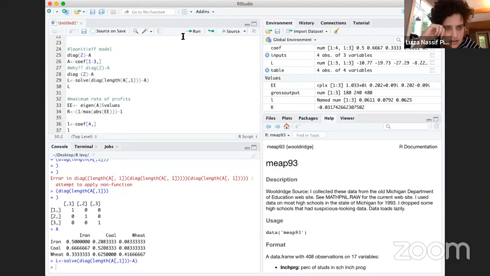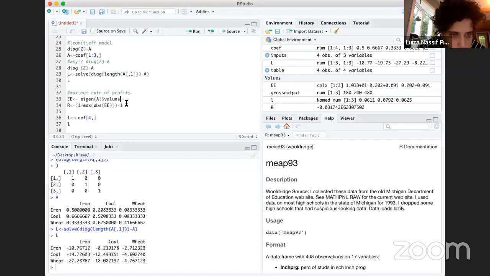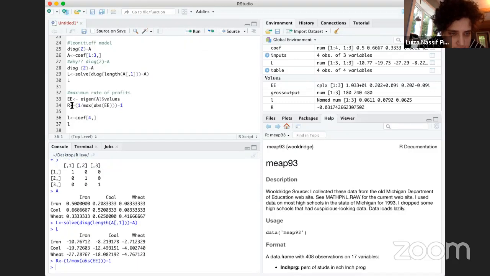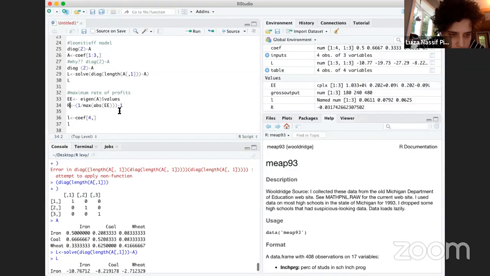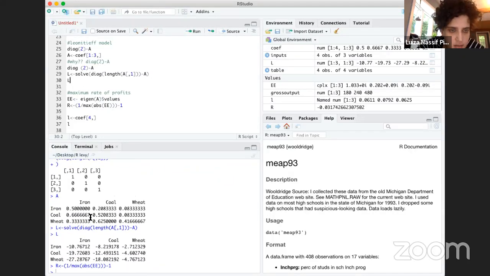Now run line 30. One second, let me see something. It looks like, no, wait. You already have a problem at line 30. You see how you have all the negatives? You can't have those negatives there. So run just everything that is inside the solve.